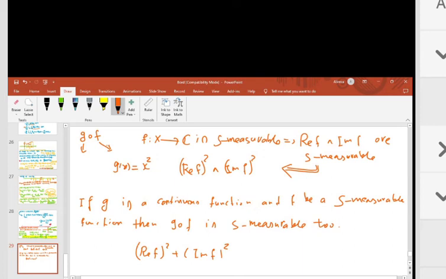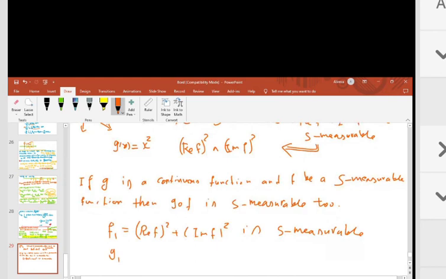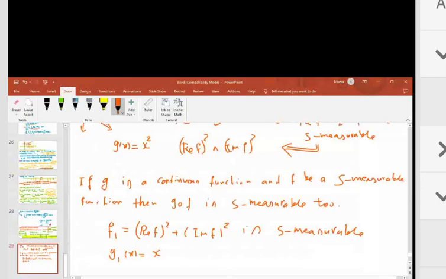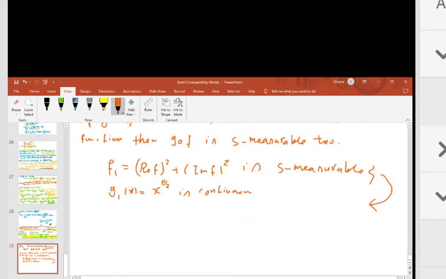Consider this as f1, for example. f1 is S measurable, and g1, the function g1 of x equal to x to the power of, for example, p divided by 2, is continuous. So that g1 of f1 is measurable.